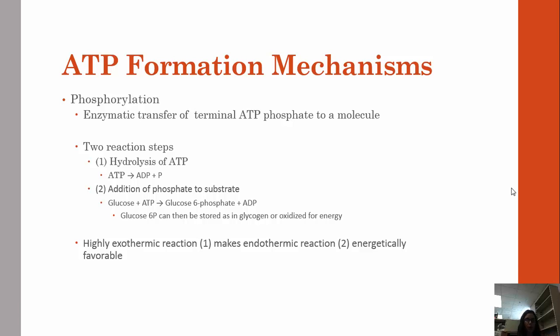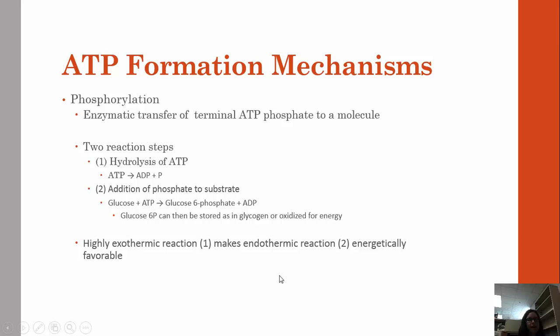So that's just an example. Or it can be used if we haven't eaten in a long time, and now we have that stored energy that we can utilize. So the enzymatic phosphorylation of glucose by ATP is the first reaction that glucose undergoes upon entering the cell. So think of this as kind of an energy investment by which we'll get a lot more energy out.